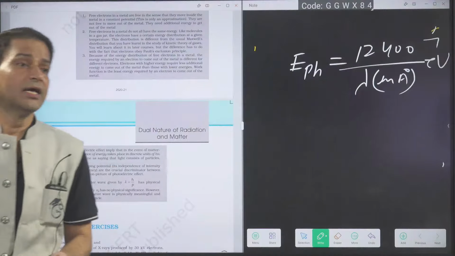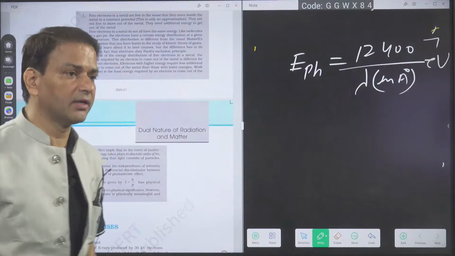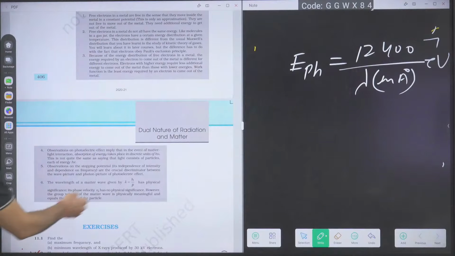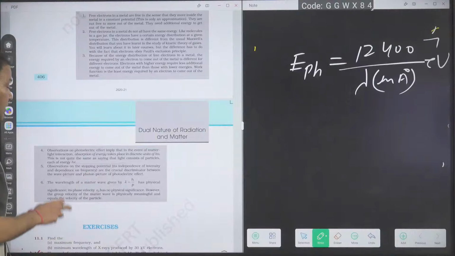Okay, so suppose this statement is given, who is the crucial discriminator between the wave picture and the photon picture?